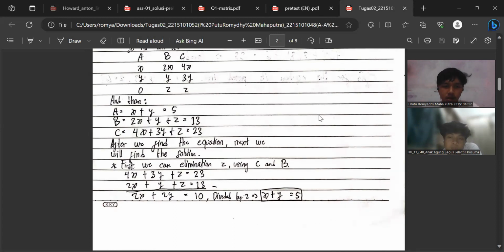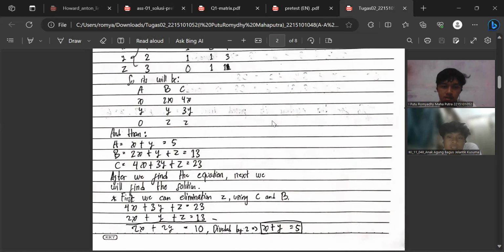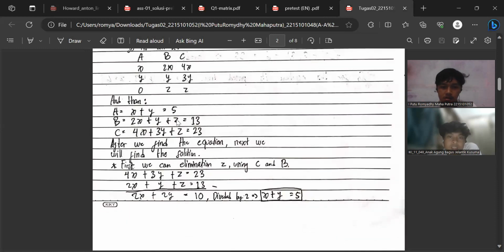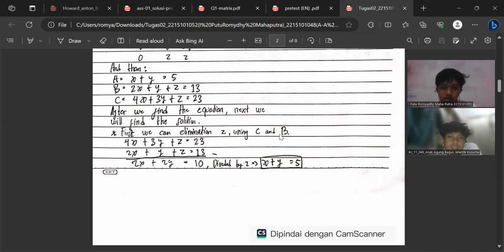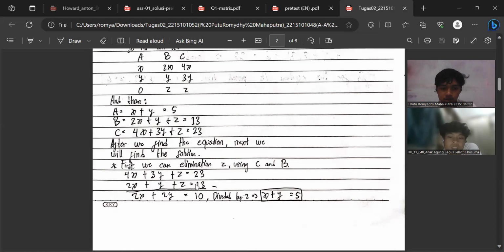After that, we can find the solution with linear algebra. Here we use elimination, and first I will eliminate z. We eliminate z by subtracting C and B, and we get the equation x plus y equals 5.